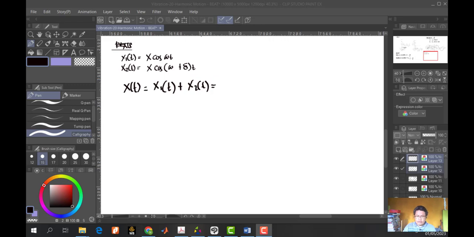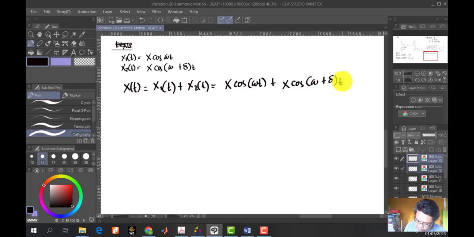This is the sum of the functions, where x1 is x cosine of angular velocity times time, then plus x2, which is x cosine of angular velocity plus lambda, multiplied by time.